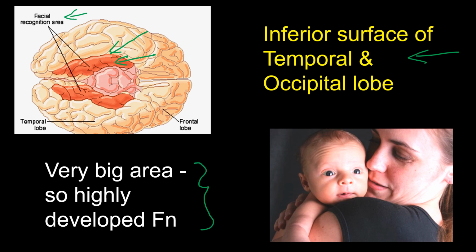This is for recognition of human faces. Because such a big area is there, this function is highly developed, and lesion to this area can obviously lead to inability to recognize human faces. The condition is termed as prosopagnosia.